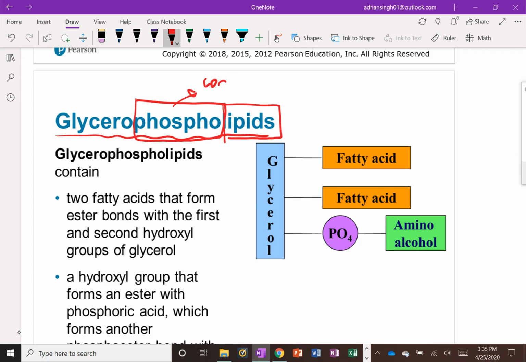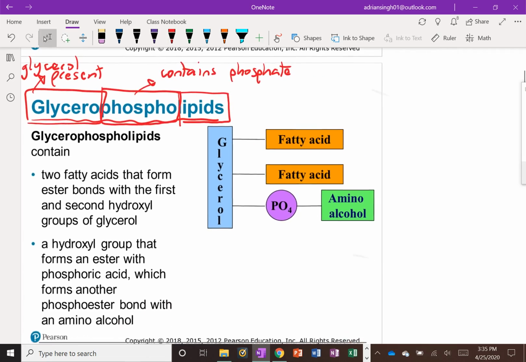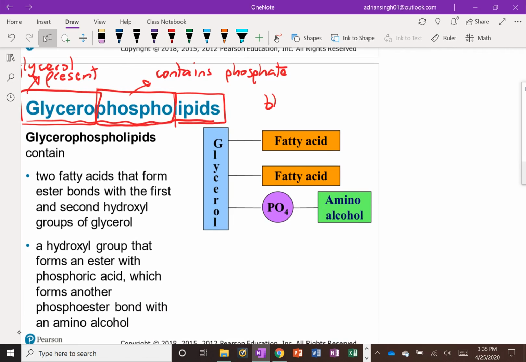All right, contains phosphate. And then glycero would mean that there's glycerol present in the molecule.